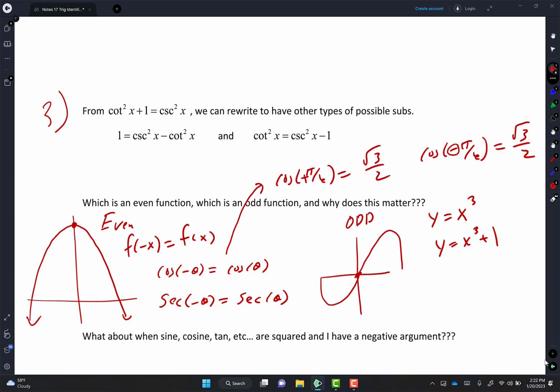It has odd function behavior: as x approaches positive infinity, y approaches positive infinity, and as x approaches negative infinity, y approaches negative infinity. You remember that? No? Okay, maybe I'm talking too much. But just know the difference, guys. X cubed plus 1 is not odd. It has to go through the origin.